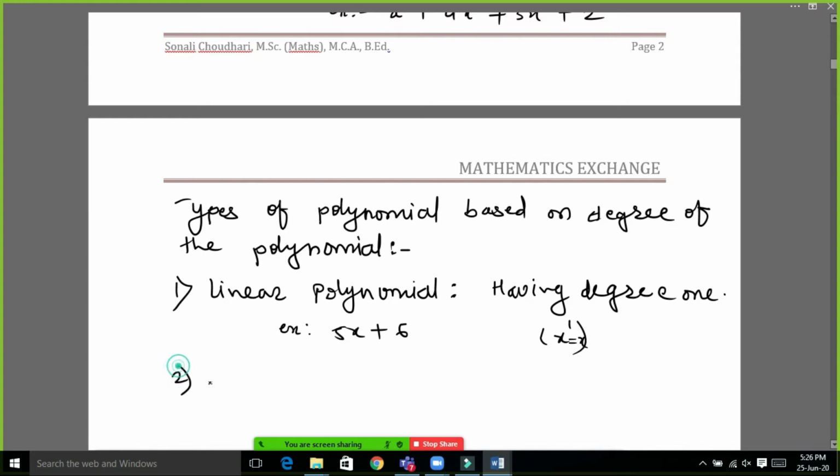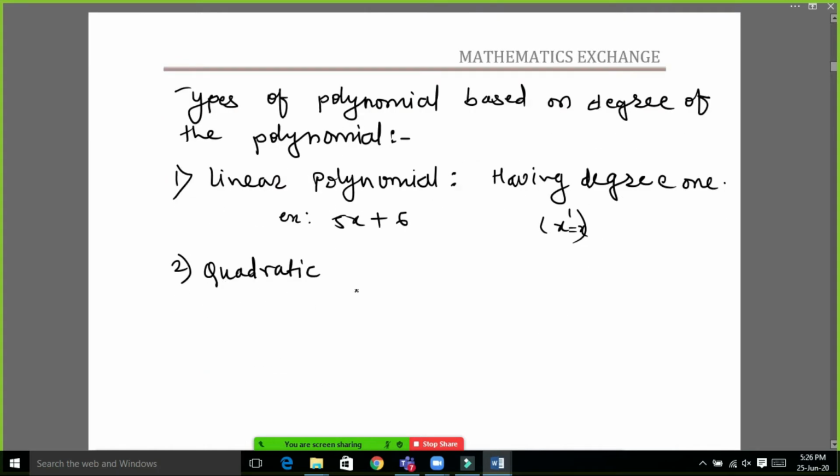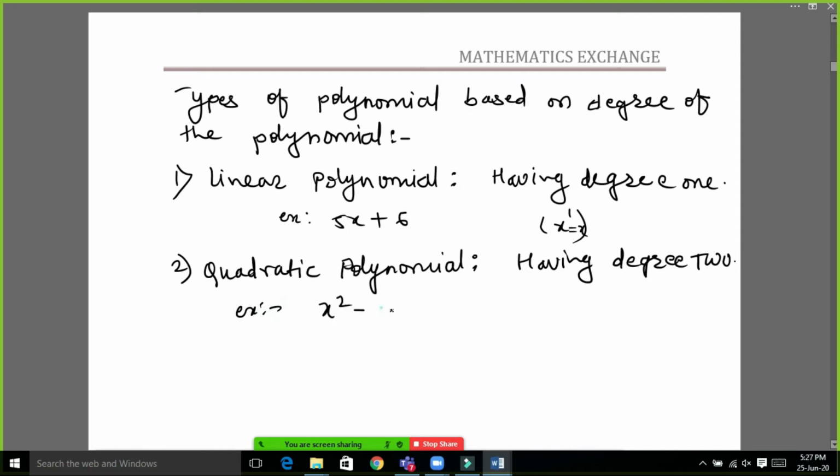Second is the quadratic polynomial. A quadratic polynomial means a polynomial having degree 2. For example, suppose we consider x square plus x plus 2.